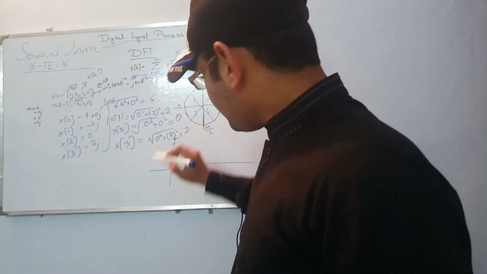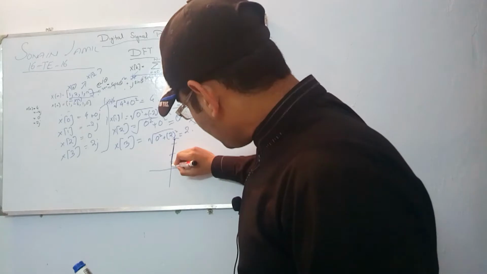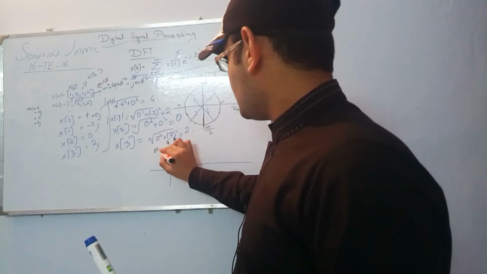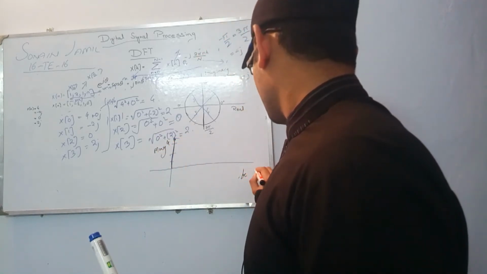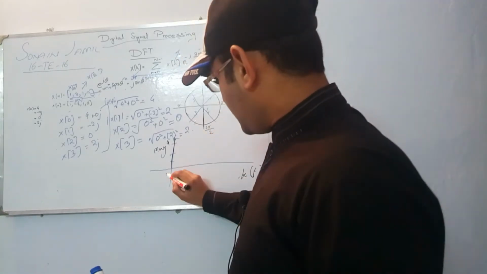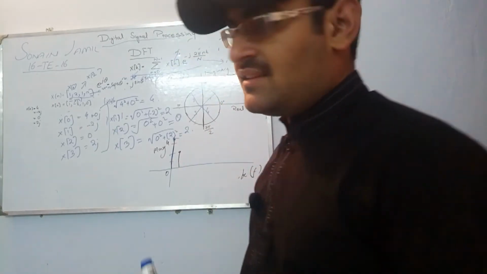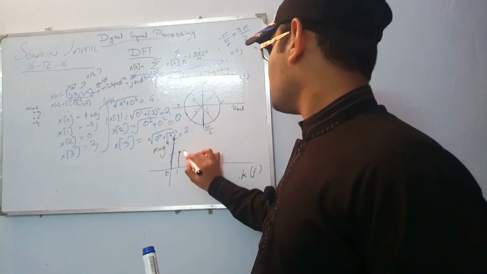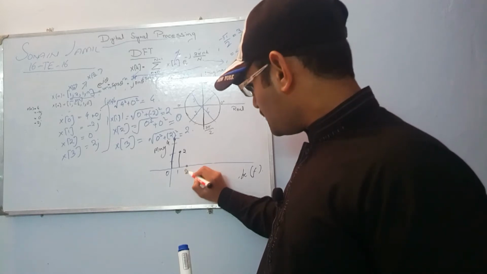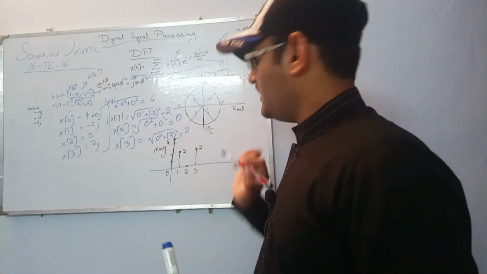So when k is equal to 0, the magnitude is 4. This is magnitude and this is k. This is the plot of magnitude in the frequency domain. When k is equal to 1, magnitude is 2. When k is equal to 2, magnitude is 0. When k is equal to 3, magnitude is 2.